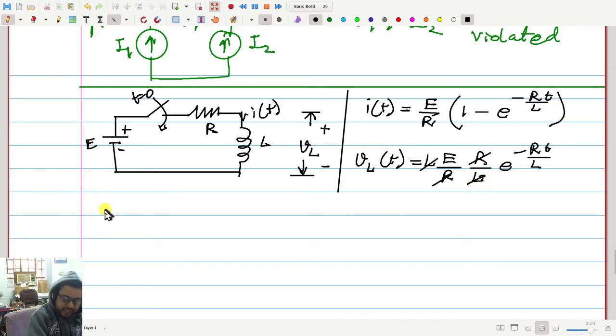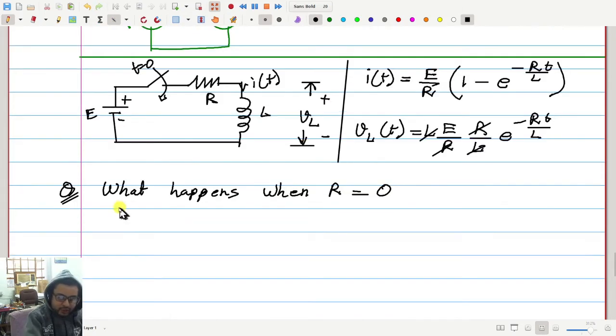Now, one question that was asked is what happens when R is equal to 0. Let me tell what will happen here.